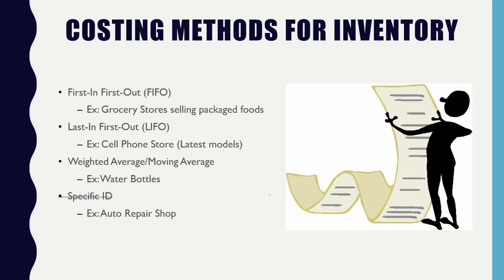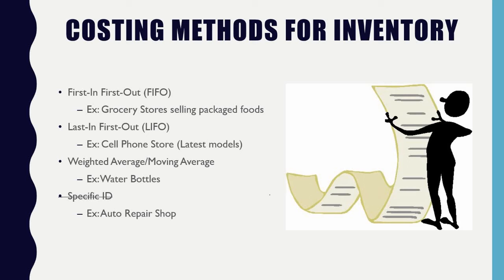For the purpose of this class, we do not have enough time, as well as the complexity of specific ID. We're not going to be learning that at all. But I do want you to be able to recognize that there is that type of inventory costing method.